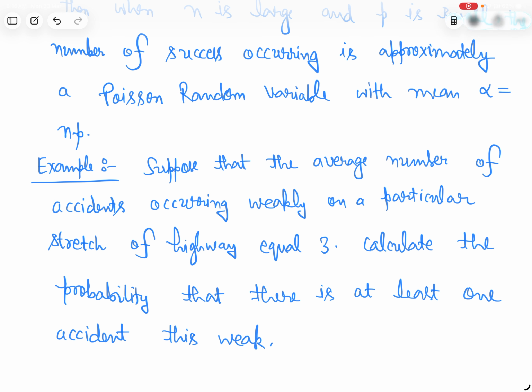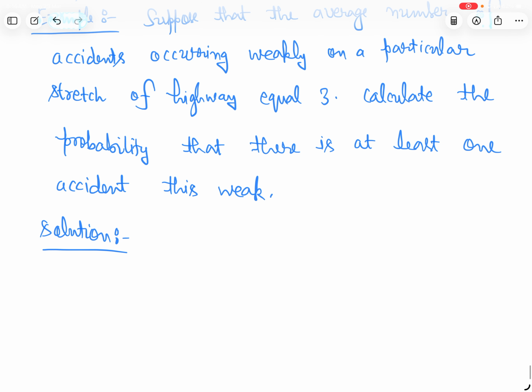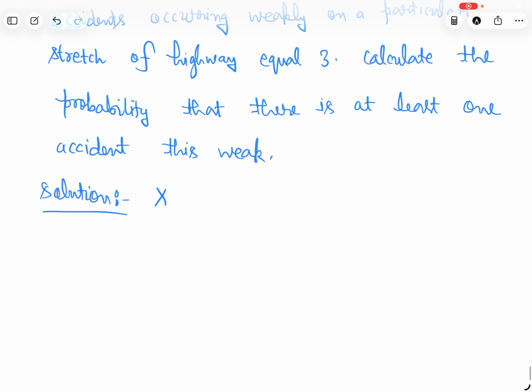Okay, let's solve it. X represents the number of accidents.